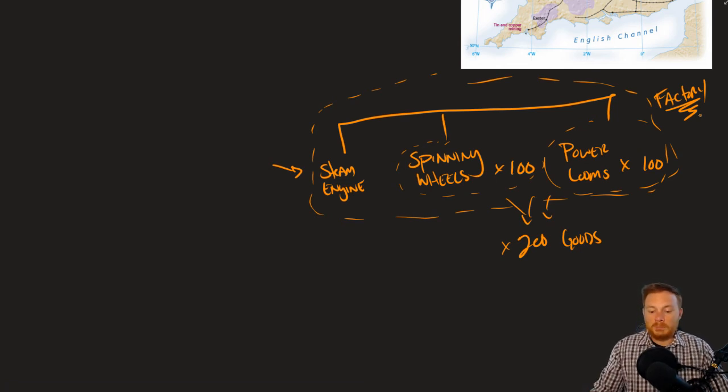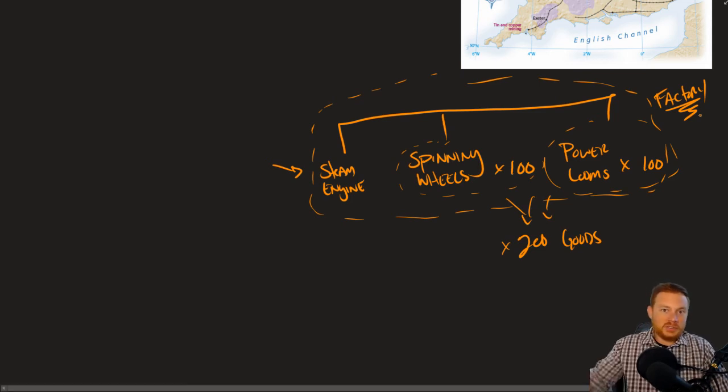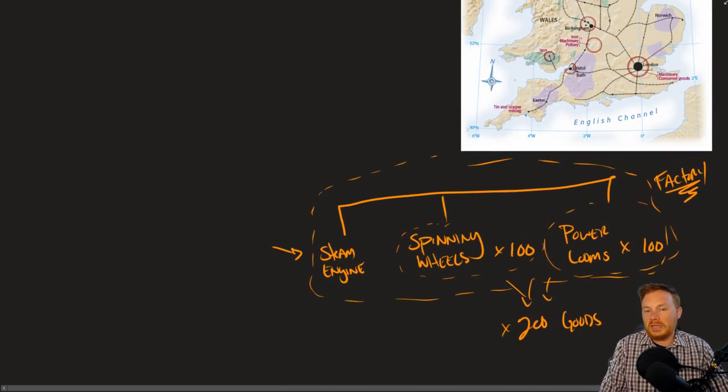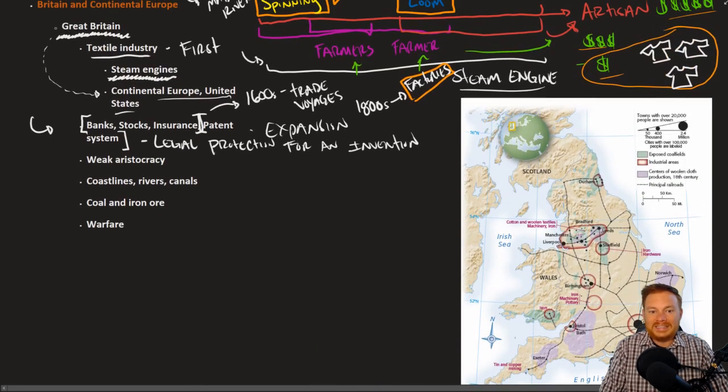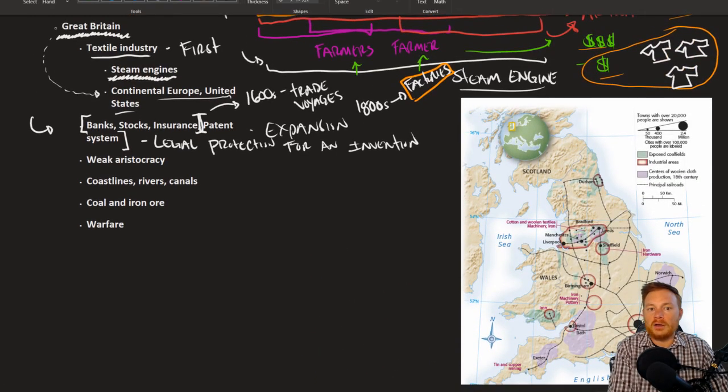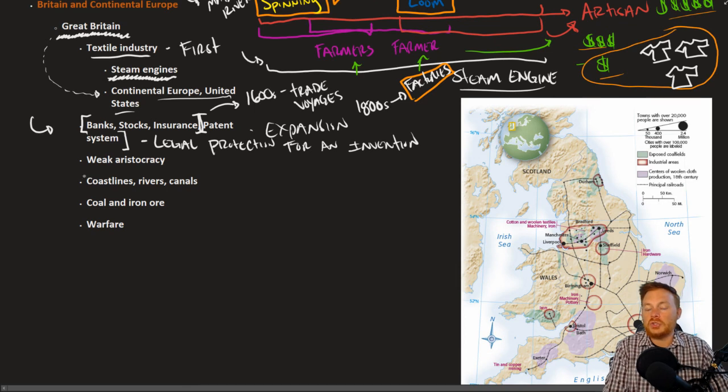So instead of people pooling their resources together in something like the British East India Company to trade tea in England, people pooled their resources together to get a steam engine, buy 100 spinning wheels, buy 100 power looms, and then having this sort of supply chain that would bring in things like wool, bring in things like cotton, and produce t-shirts for a profit. England had all of those things, right? All of those institutions that were required existed in England before industrialization took place.